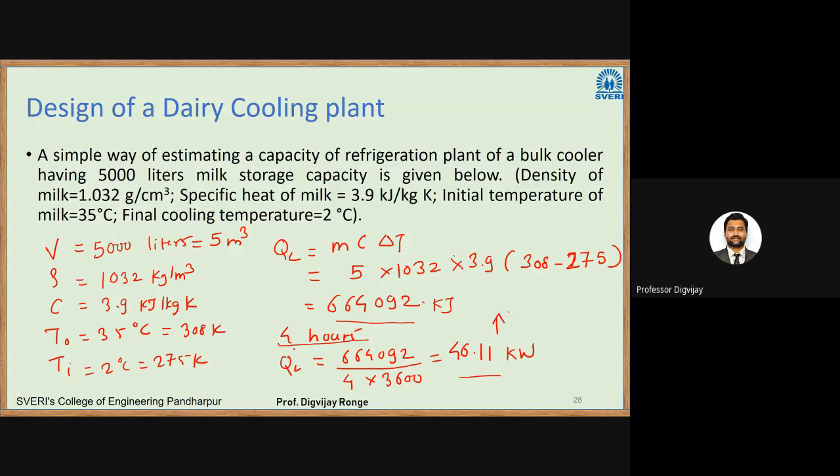If I want to convert it into tons, I have to divide it by how much? Please tell me the value in tons of refrigeration.